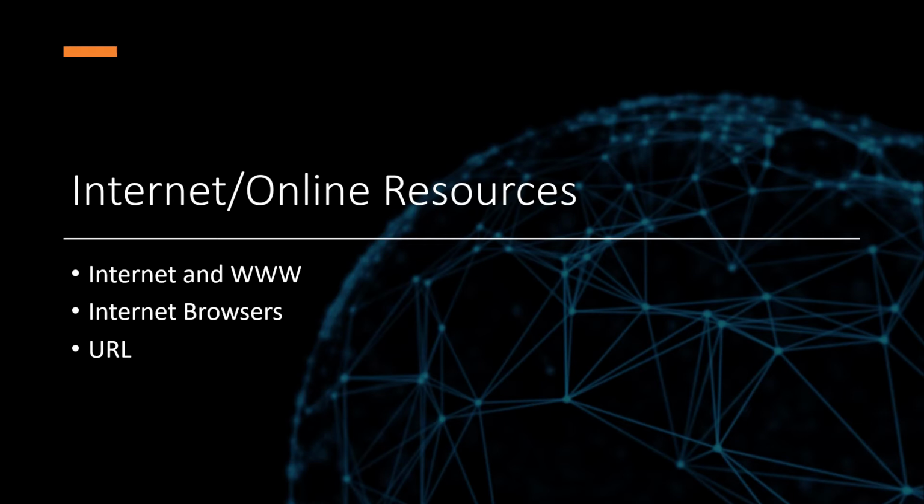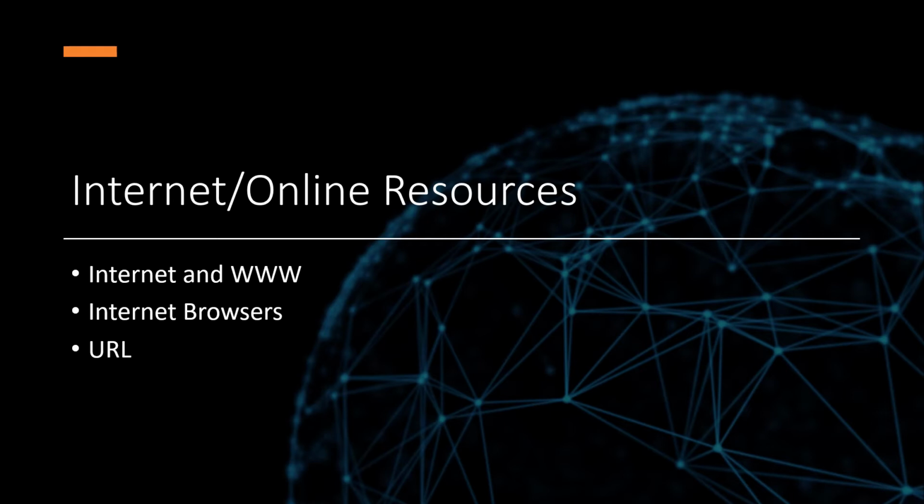Internet sources and online resources. So the internet is also referred to as the WWW, or the World Wide Web. I've heard it also referred to as the information superhighway. The internet connects people from all over the world and gives quick access to information.